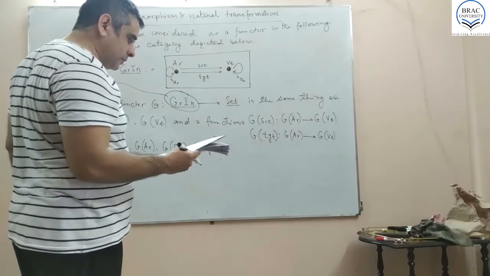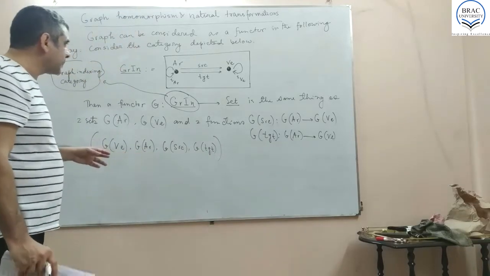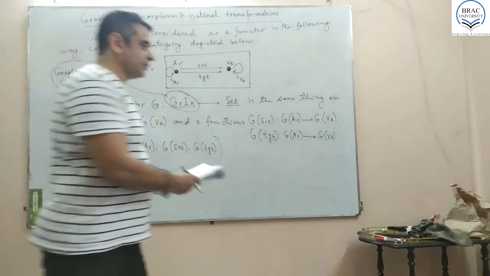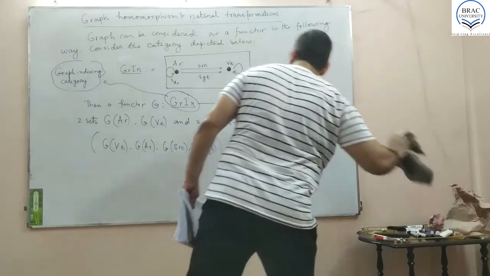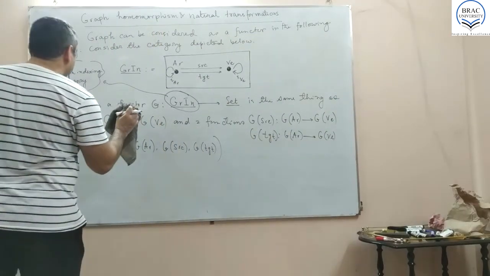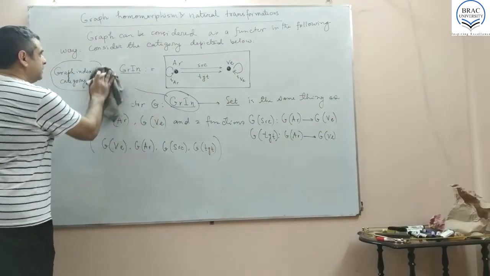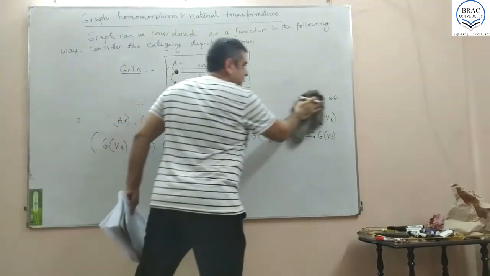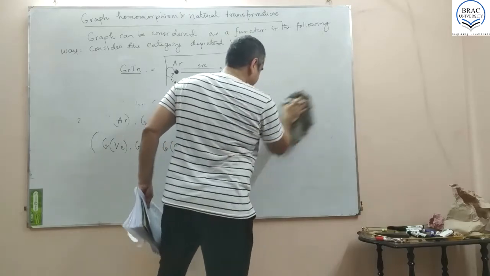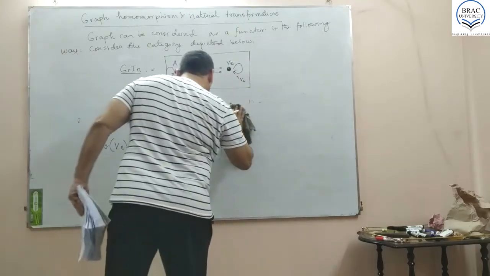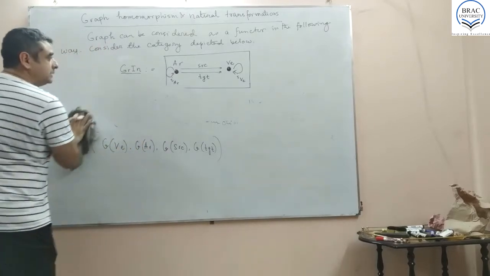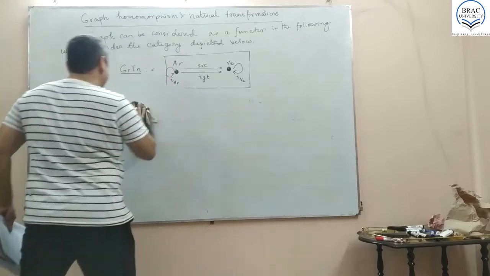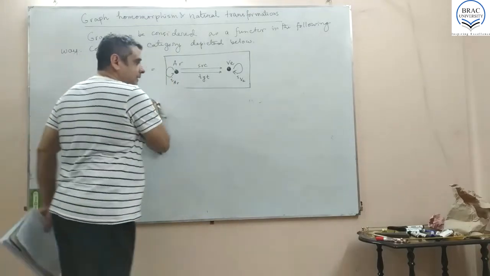So now, these are two functors, G and G prime. Can we find a natural transformation between them? That's the question. So let's erase these things. Okay.